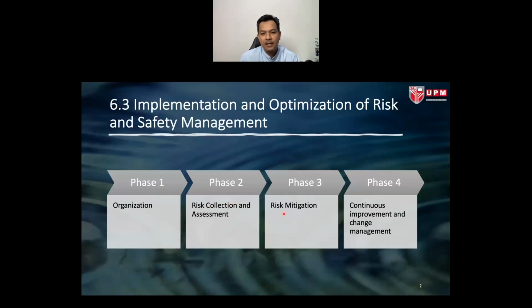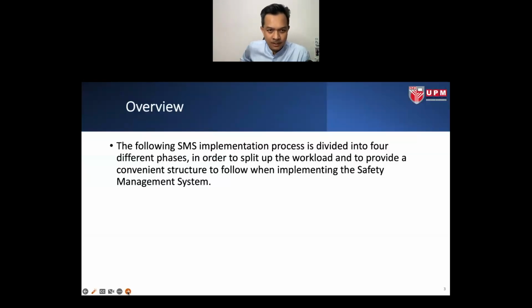Phase 3, about risk mitigation. And finally, phase 4, the continuous improvement and change management. So we are going to look into the 4 phases tonight, and we most likely are going to spend around 30 to 40 minutes.